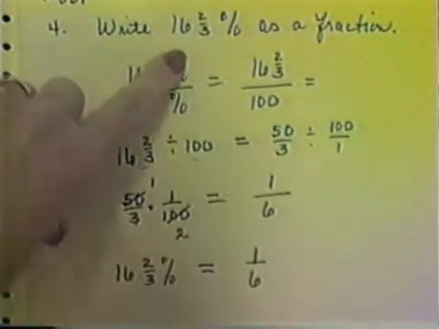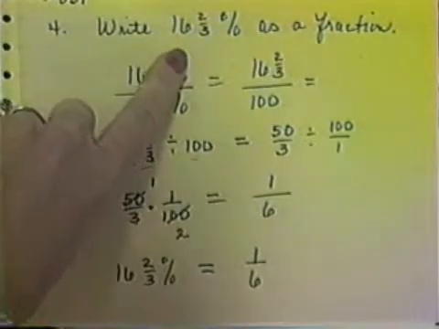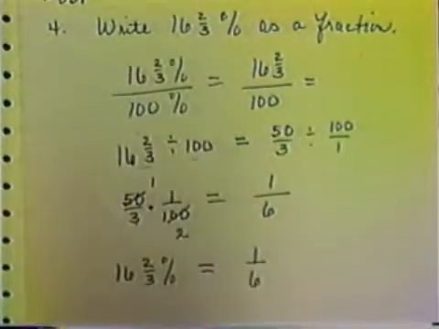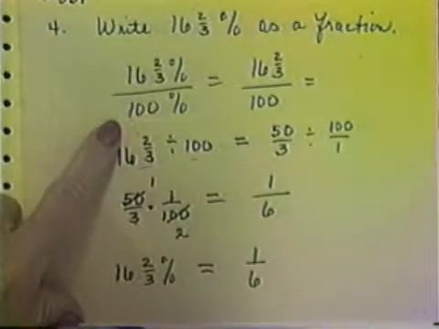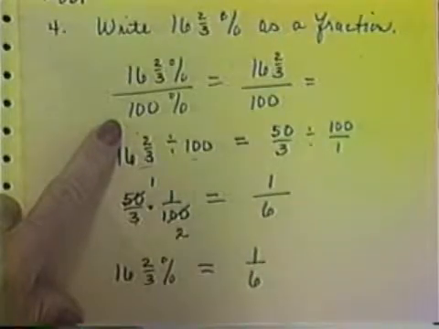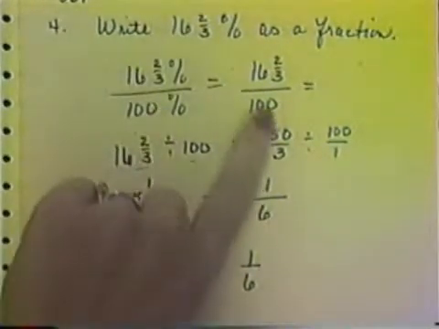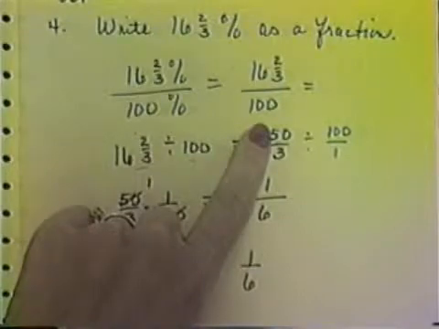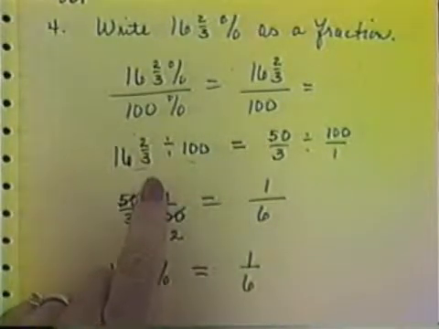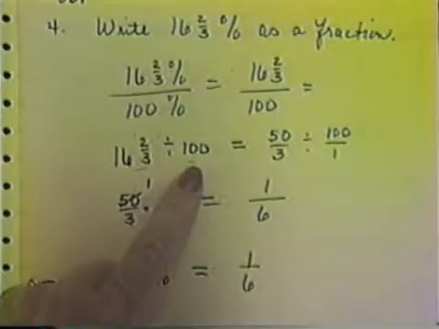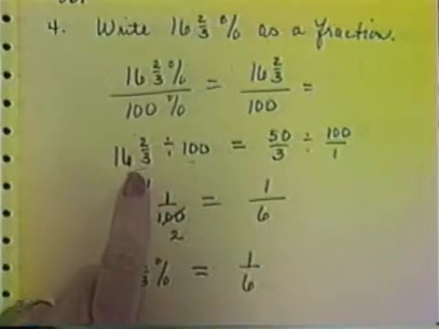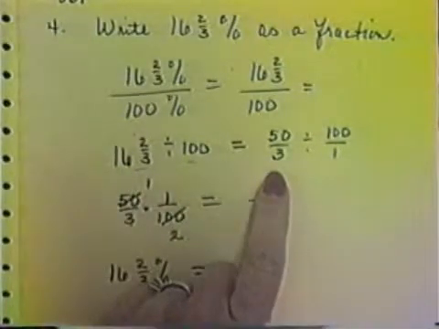Okay, again, to write 16 2/3% as a fraction, we want to take 16 2/3 and divide by 100%. The percents cancel. That leaves us with 16 2/3 divided by 100, but it may feel better to put it in this form. Change the mixed number to an improper fraction.